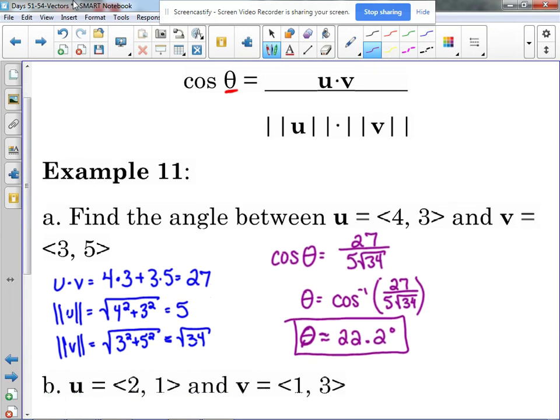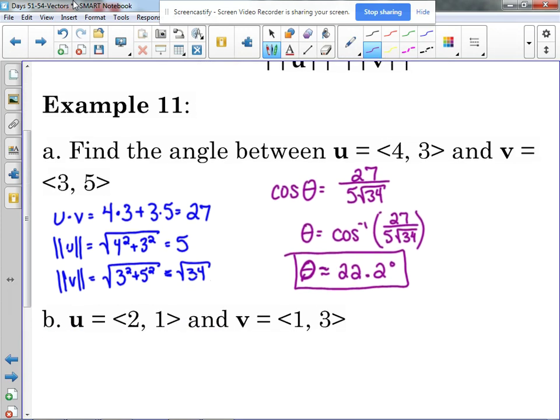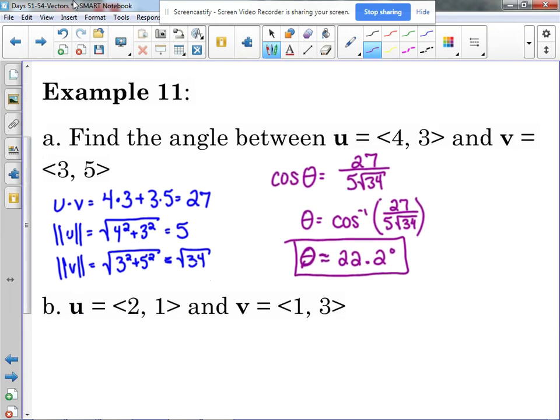Now, if you really want to be thorough, I would suggest sketching these vectors and seeing if that at least makes sense. So 4, 3, let's see if I can do this close enough to scale. So 4, 3, that's my U. V is 3, 5.